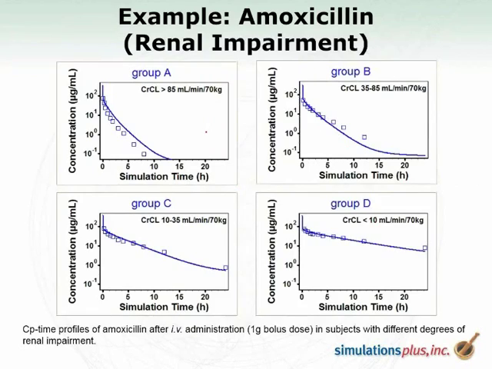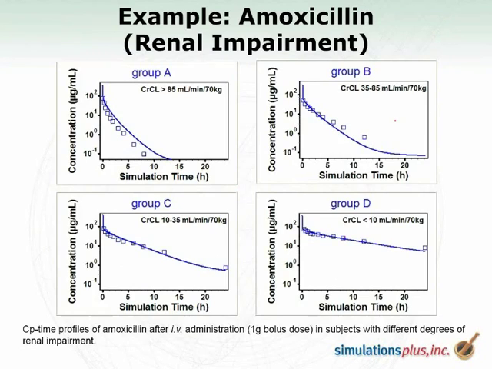And again, you might have seen this poster showing how well the program, or the model, predicted the PK for amoxicillin by just making these adjustments on the kidney function, accounting for the different groups of subjects.